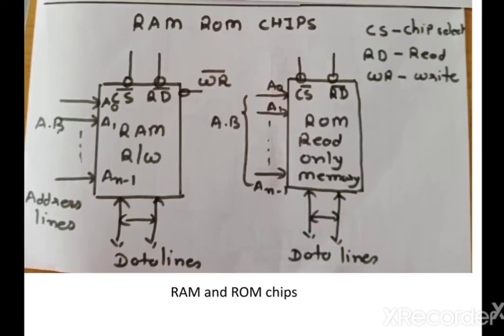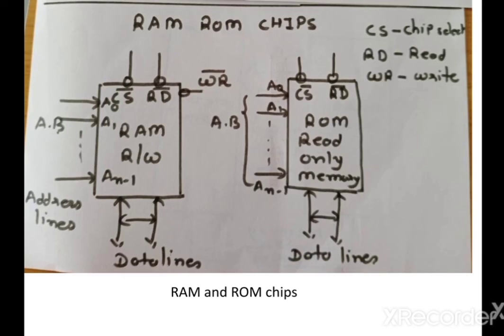Then this is the RAM and ROM chip. In the RAM chip, that means read write memory, it contains address bus and data lines. It also contains CS, the chip select signal, RD, the read signal, and WR, the write signal. In these signals, a bubble is present.